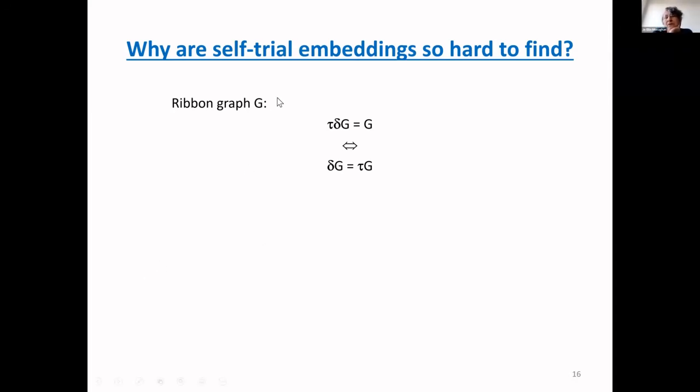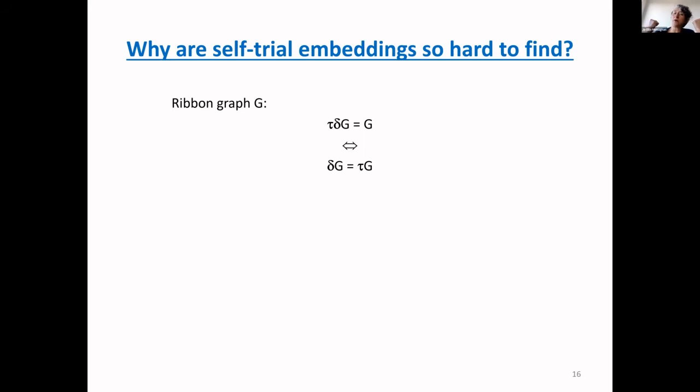So why are these things so hard to find? Well, if G is a ribbon graph, and you've got a graph that's self-trial, that happens if and only if the dual of the graph, the graph that you get by putting vertices in all the faces and connecting up the edges, and the graph that you get by giving all the edges a half twist, which are two really different operations, end up being the same.